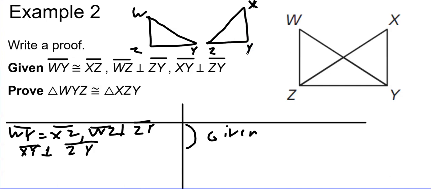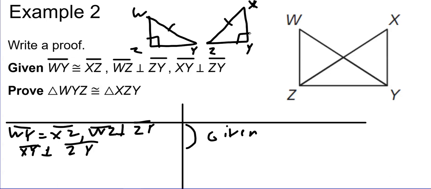Now, WY and XZ, which is the hypotenuse, well, we don't know that yet, but those are the same. WZ is perpendicular to ZY, and XY is perpendicular to ZY. So now we have this right here, where we have a right angle and a hypotenuse.